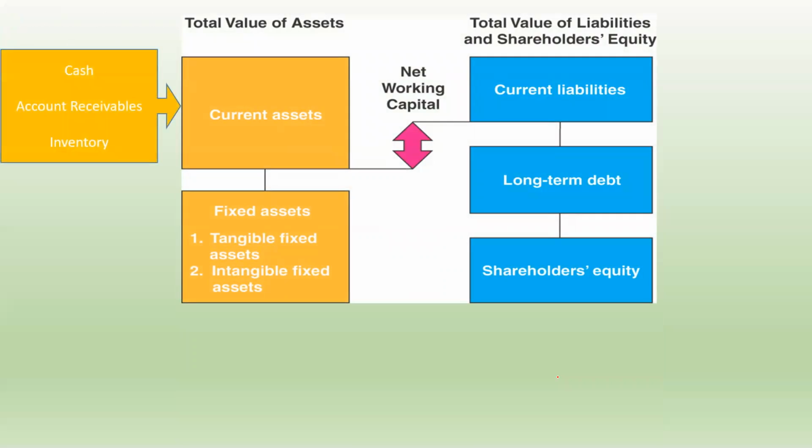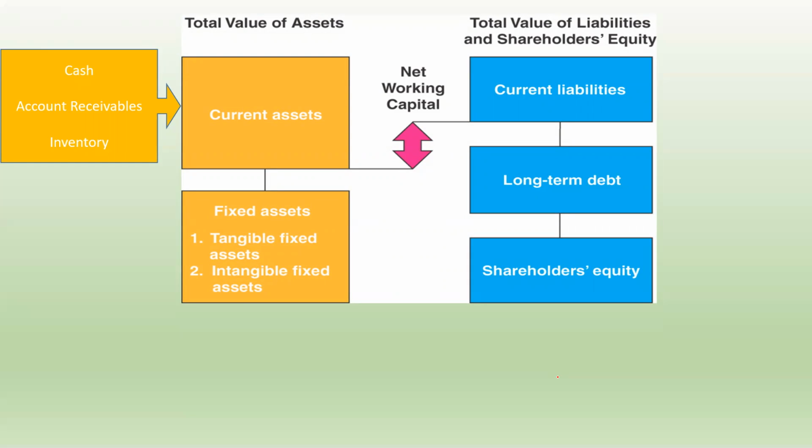So for current assets, we have cash, which has the highest liquidity, accounts receivable, and inventory. What are accounts receivable? Those are debts that other firms owe to this firm.